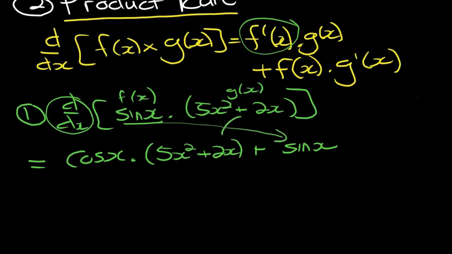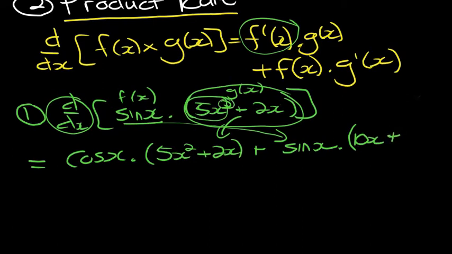Then you need to get the derivative of the g(x) to multiply it with the sine x. The derivative of 5x squared plus 2x is 2 times the 5, which is 10x, because you also subtract 1 from the 2, plus the derivative of 2x, which is just 2, and that is basically your answer.